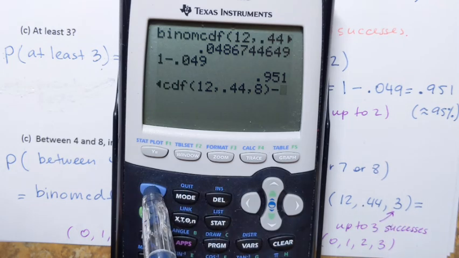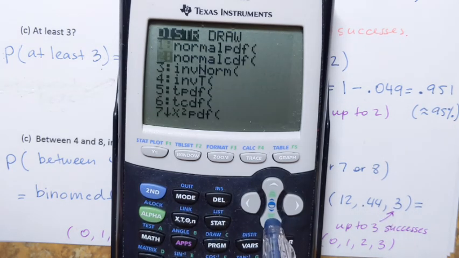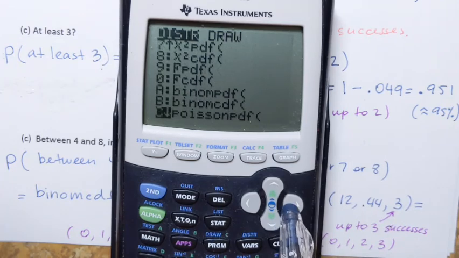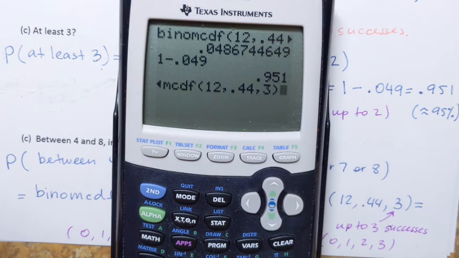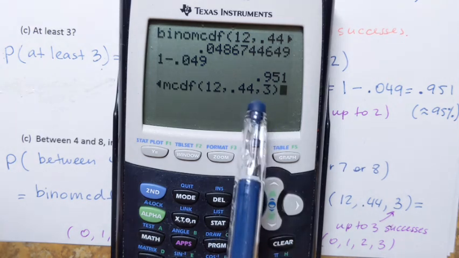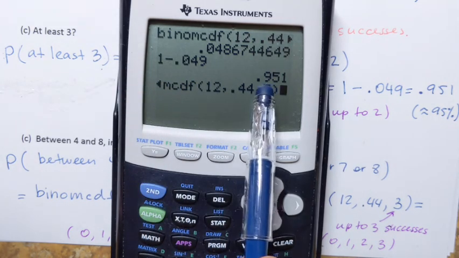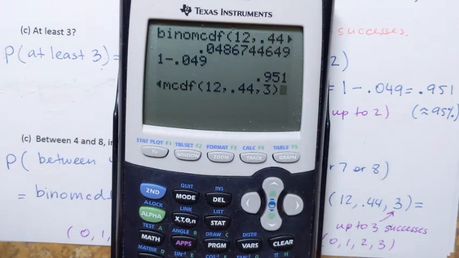So I'm doing second vars, scroll down to Binomcdf, enter, and change 8 to 3. Press enter. Here it is, that second Binomcdf. Now the beginning of that expression is to the left. I just cannot see it. It didn't fit in that line. So what's left to do is just to press enter.